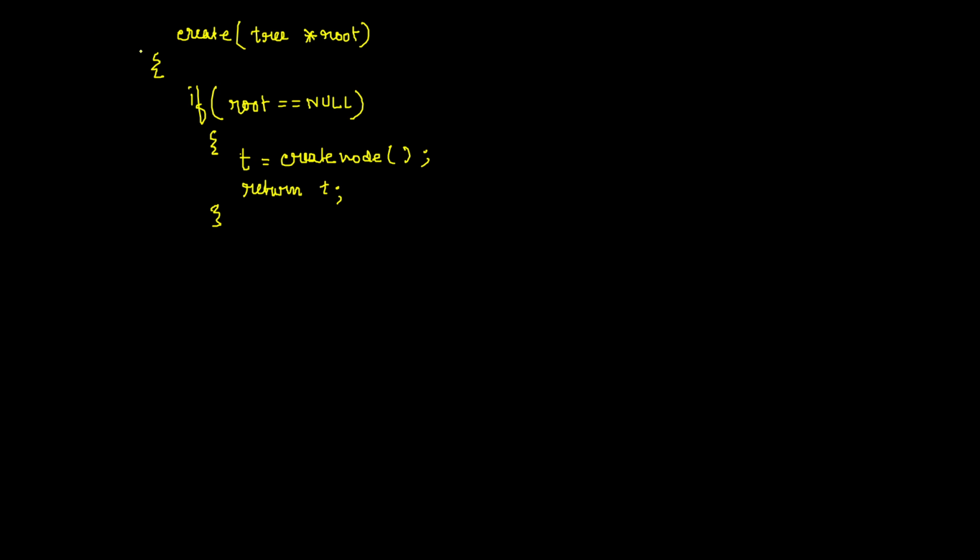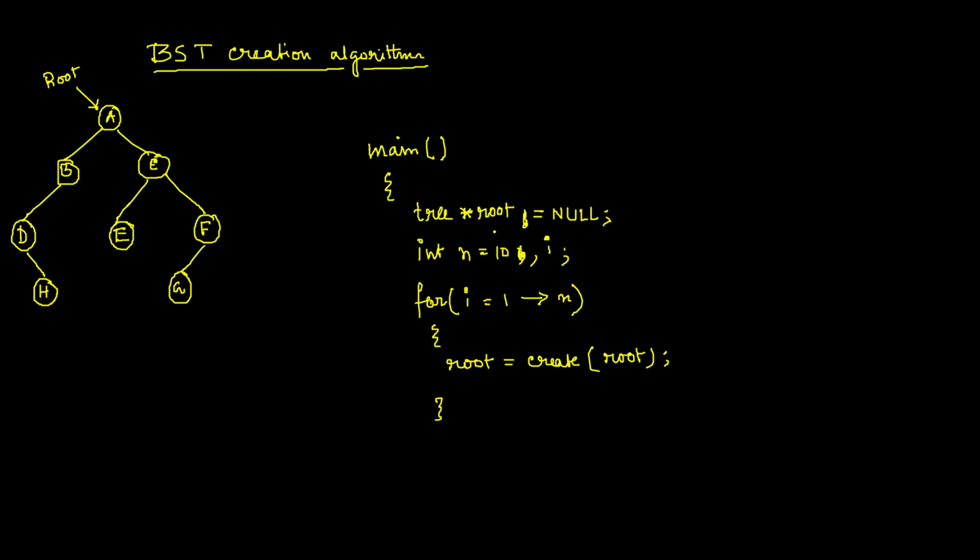So the return type of the create function should be tree pointer, something like this. It's not mandatory. It's just because I have considered that the scope of the root present in the main function is within main. That's why I have to do that.